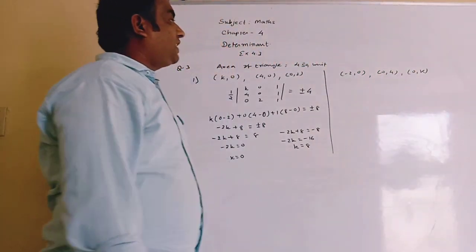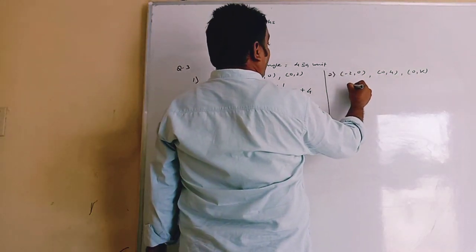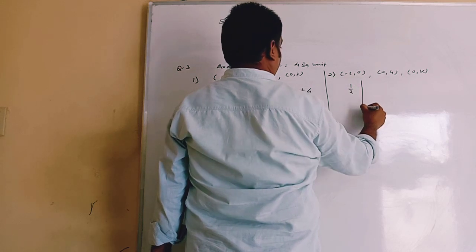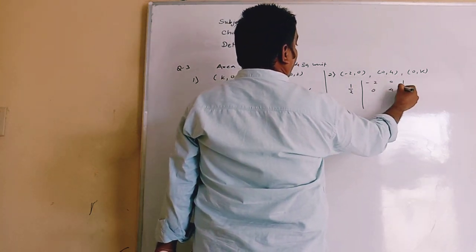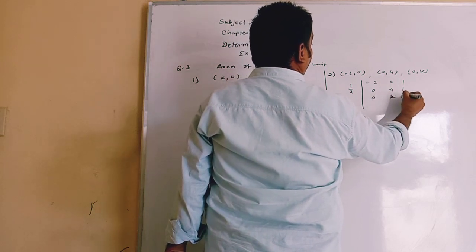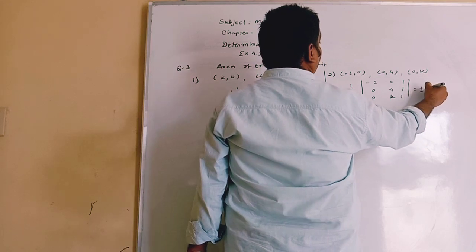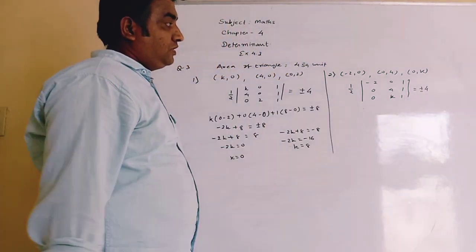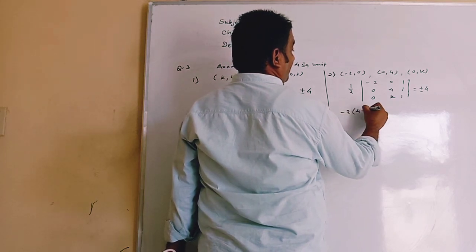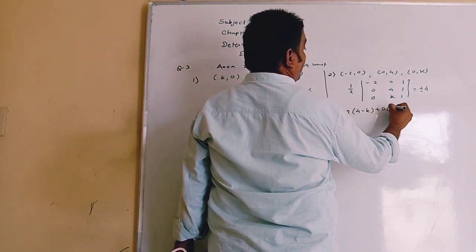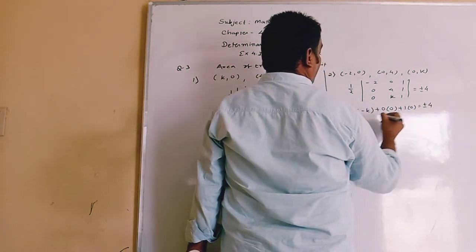So again with the same method we go, and it will be 1 by 2 times the determinant |minus 2 0 1; 0 4 1; 0 k 1| equals plus or minus 4. So 2 multiply that side, so minus 2 into (4 minus k) plus 0 multiply 0 plus 1 multiply 0 equals plus or minus 8.